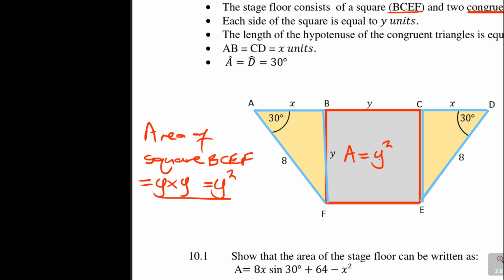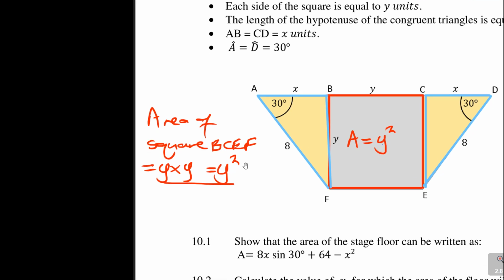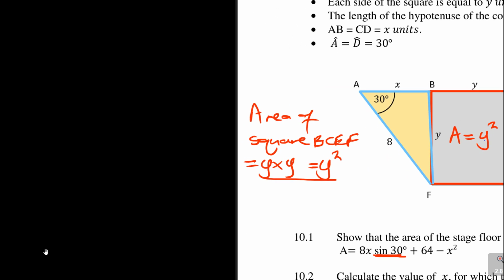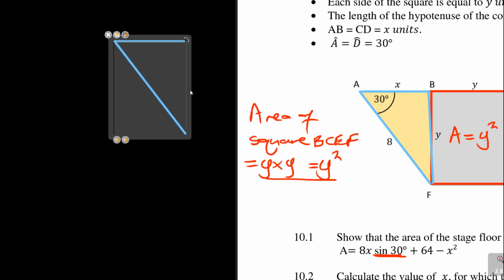All right, and then what about the area now of these triangles, these two triangles? Now the hint here is to look at what they gave us here. You see, they gave us in terms of sin 30, which means if I'm to redraw this kind of shape, but I want to twist this, if I can actually take this guy here, let me see if it's possible. If I can take this guy and copy it and bring it to this side.